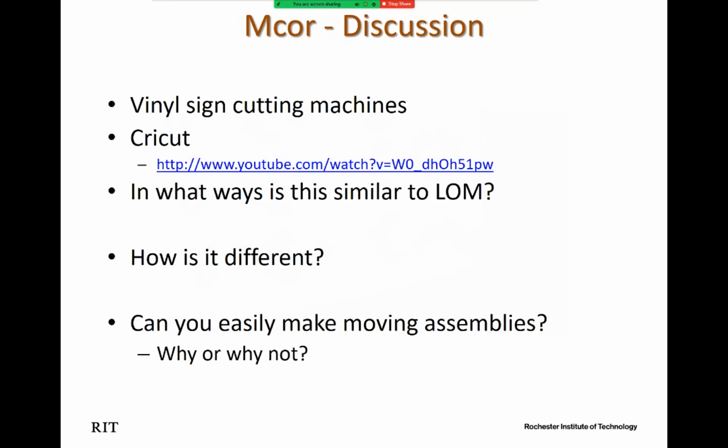And the process used in the Mcor machine is very similar to the vinyl sign cutting machines, which are used to create those vinyl signs. Basically they are almost the exact same thing, but just repurposed in this printer.